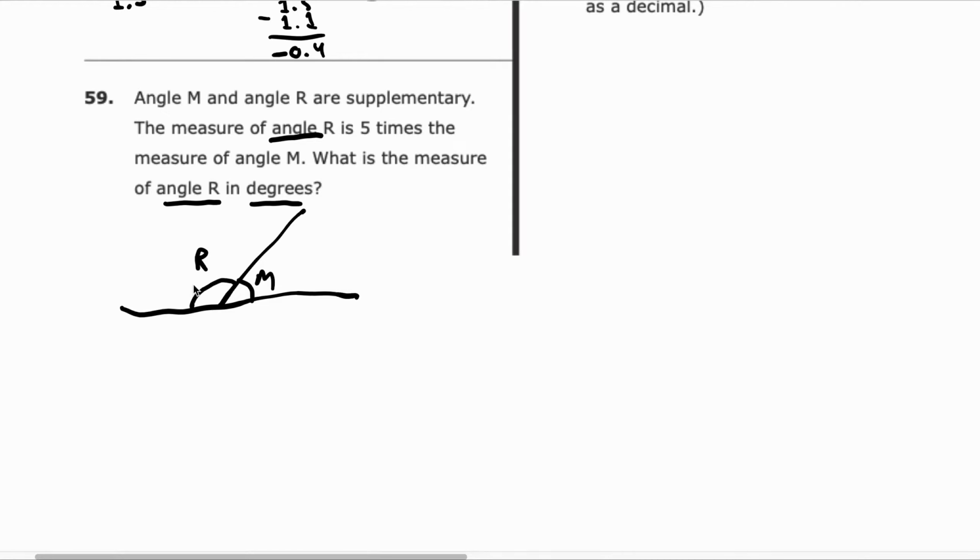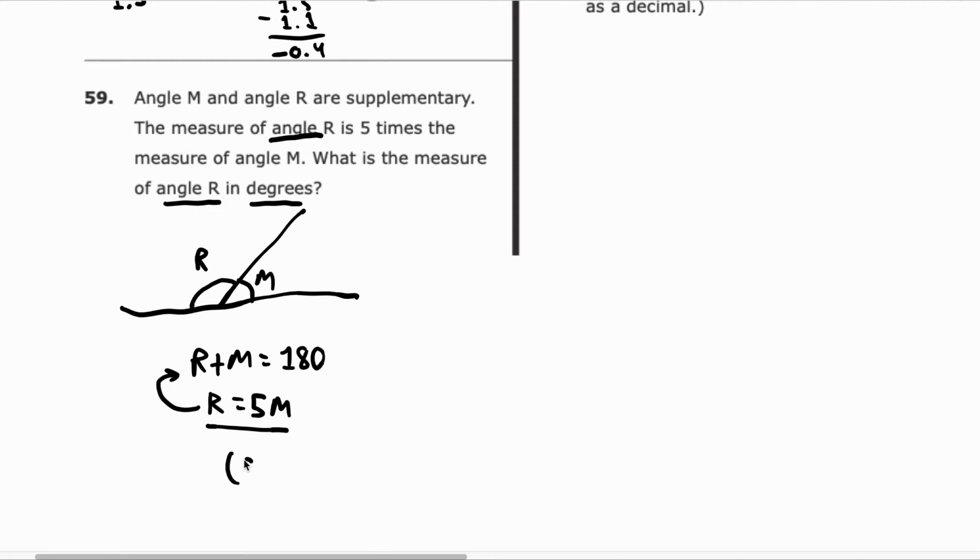So we can set up an algebraic equation. We know that R plus M must be equal to 180 degrees because these angles are supplementary. And furthermore, we know that the measure of angle R is 5 times the measure of angle M. So now we can substitute this into our first equation.